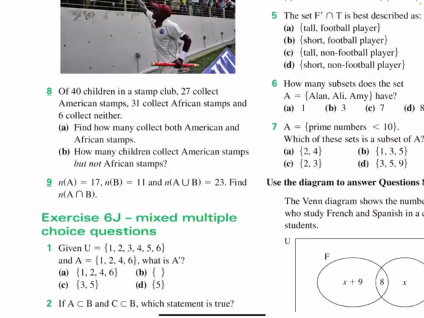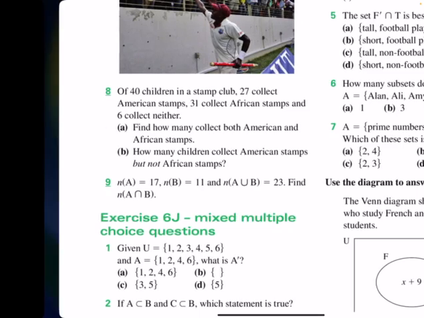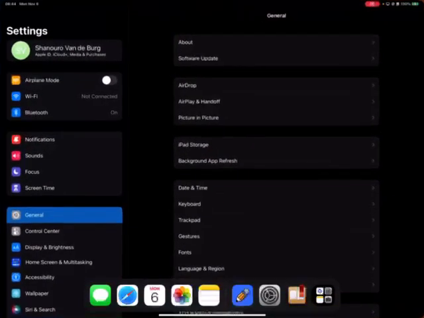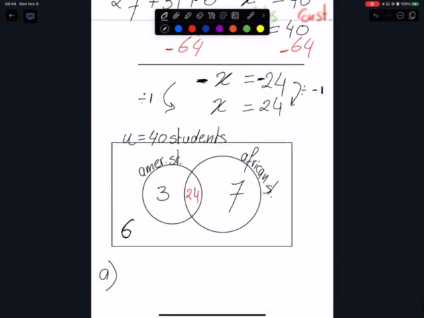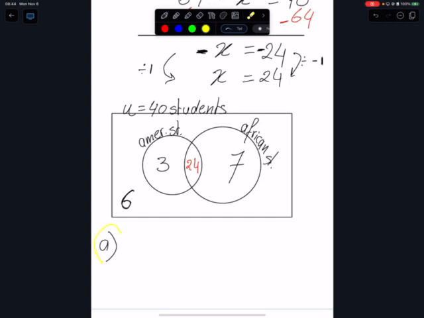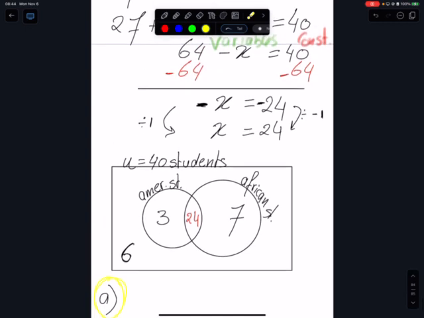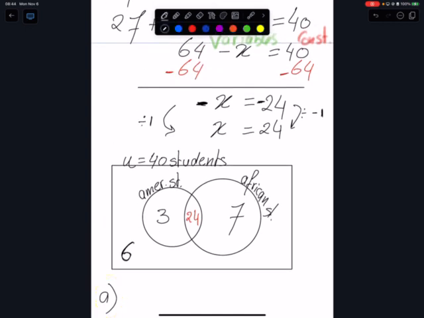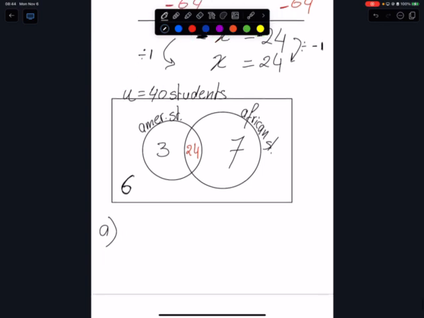Find how many collect both American and African stamps. Which is exactly what we did. So the answer of A is everything what we just did, which is 24.